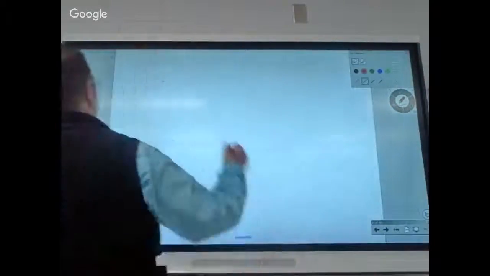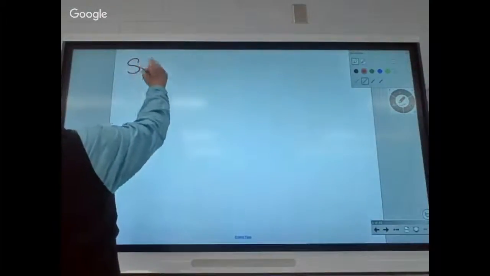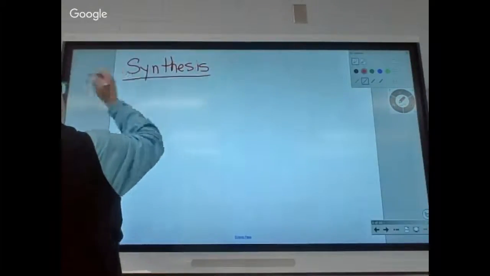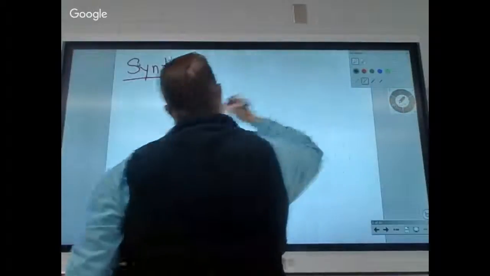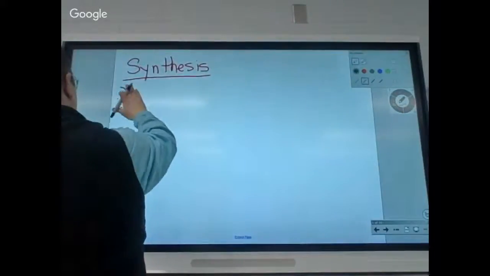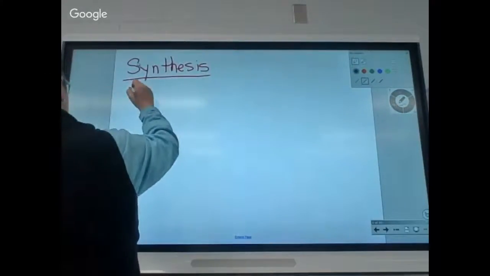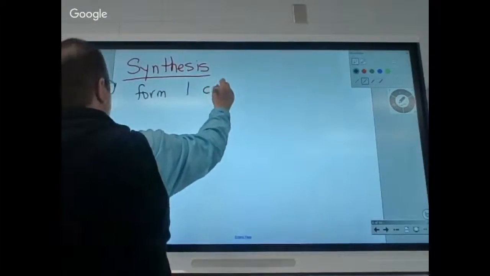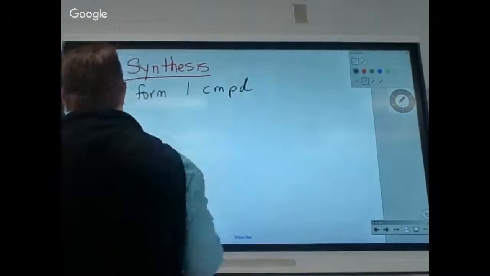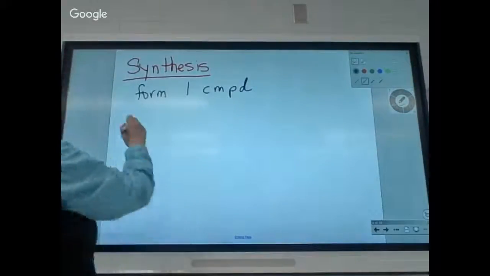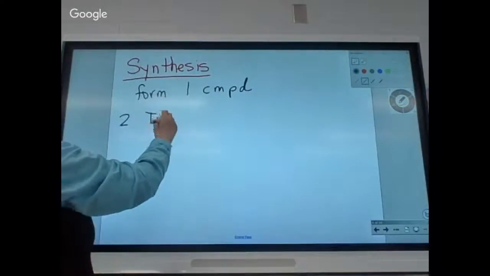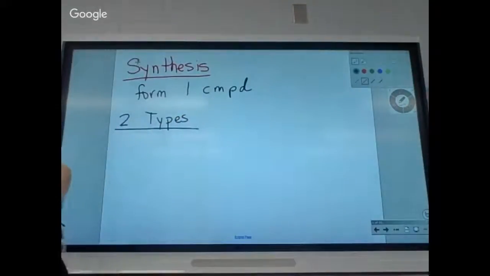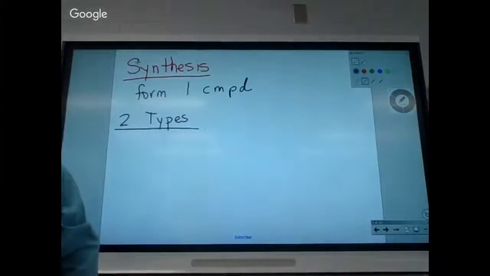Synthesis works very much the same way. All right, so this time we're going to form one compound. And again, you're going to have 2 types. The state has really limited the 2 that you're going to see.